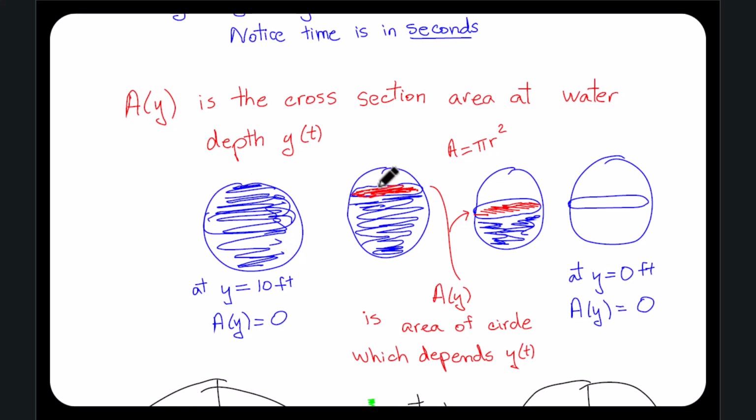As we go down, we get a circle of a particular radius, and then it goes down more. The circle is getting bigger. It's going to reach a largest amount when the radius is 5 feet, and then the radius will shrink again.